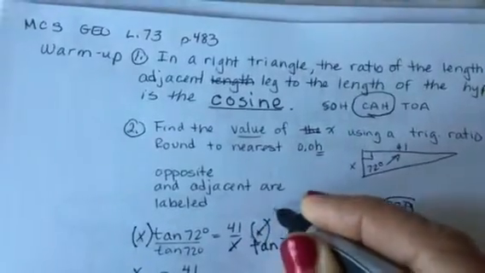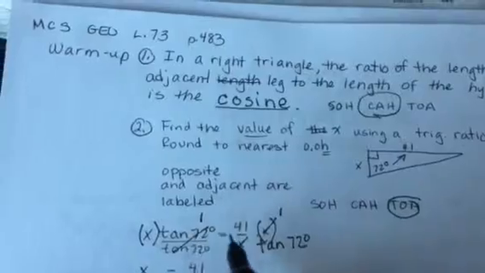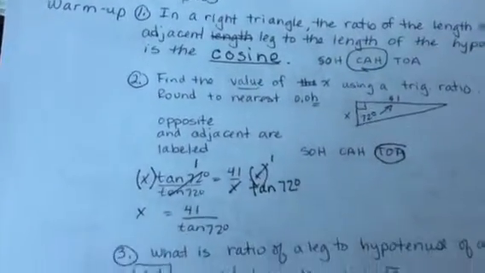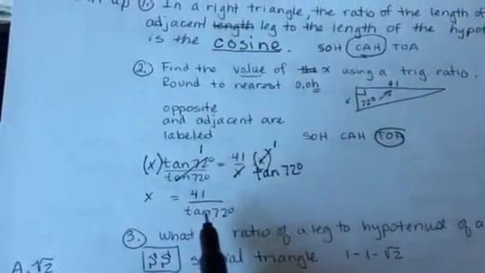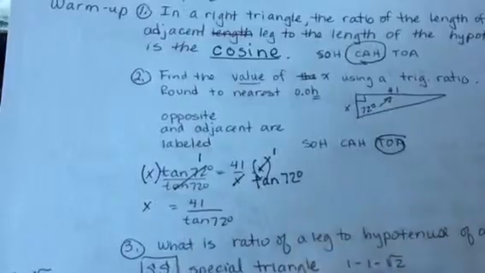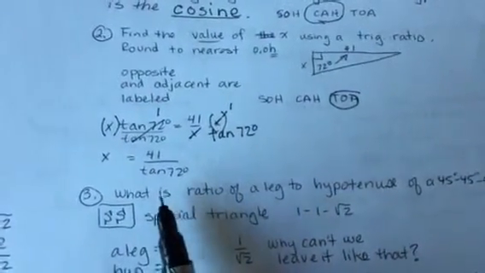So x equals 41 divided by the tangent of 72. Written this way, you can go ahead and get your answer, and I will go on.